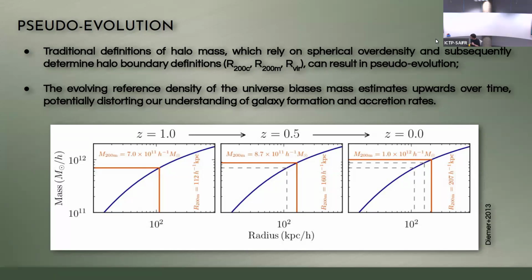What increases, the mass? The radius increases, and as well the mass, because from the models we have just the mass inside this radius. Because of the gravitational collapse? No, it's in fact from the definition, because the reference density of the universe will decrease.